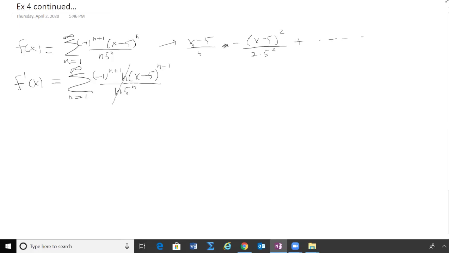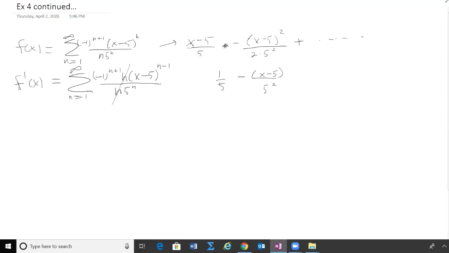If you took the derivative of this first term here, you would end up with 1 over 5. And the x would be to the 0 power, so you'd have 1 over 5. The next term, you'd have a minus, and that power would come down and be a 1. The 2's would cancel, and you'd have a 5 squared.